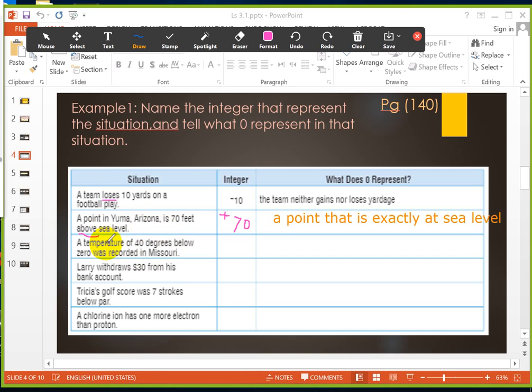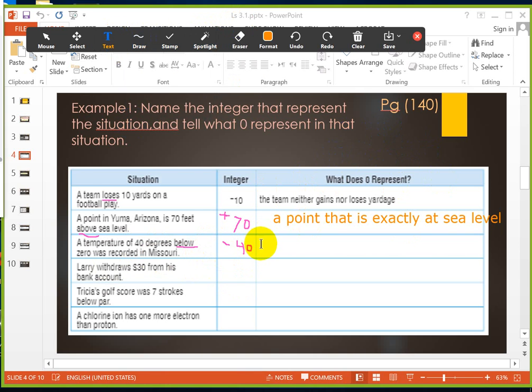Now let's continue. If I had a temperature of 40 degrees below zero, from this word I will know whether this is a positive or negative quantity. 40 degrees below means under zero, so this is a negative quantity. That means negative 40 was recorded in a region. So what does 0 represent in this situation?